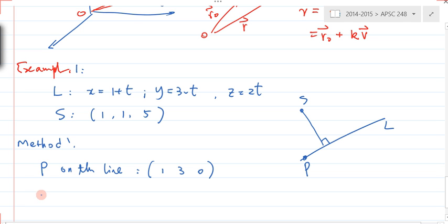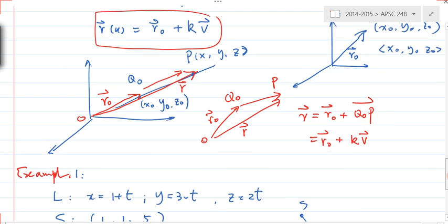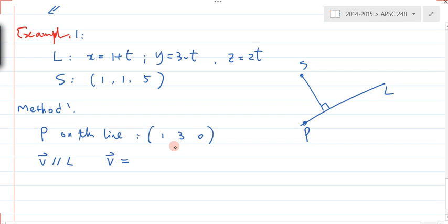Alright? Second information, we have the vector V parallel to the line, which is basically the coefficients of the parameter, right? Coefficient of the parameter. Okay? So in this case, (1, -1, 2).